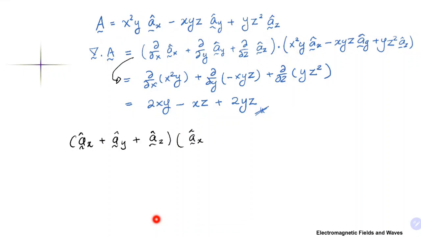Just multiply elements by elements. Okay, so if you times out these brackets, you get ax times ax plus ax ay.